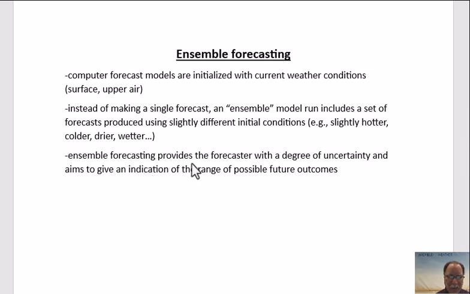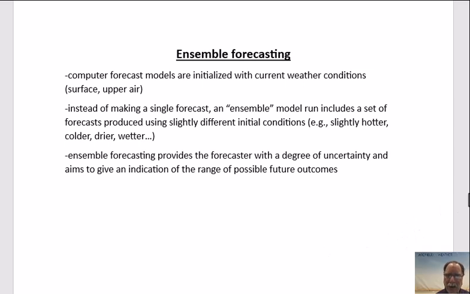So again, ensemble forecasting provides the forecaster with a degree of uncertainty, and by looking at the future outcomes on each individual ensemble run, you can get a look at the possible range from a snowstorm to no snow at all, for example. So that's the general idea behind ensemble forecasting.